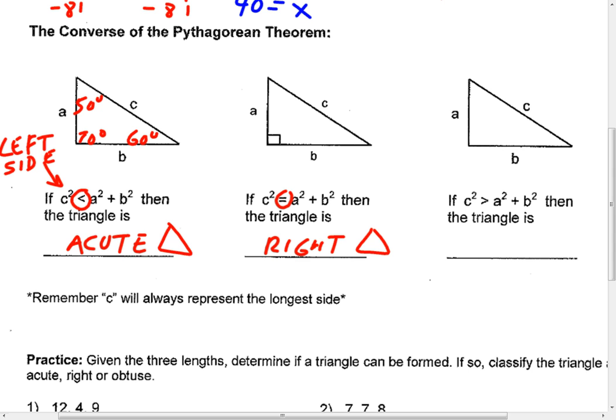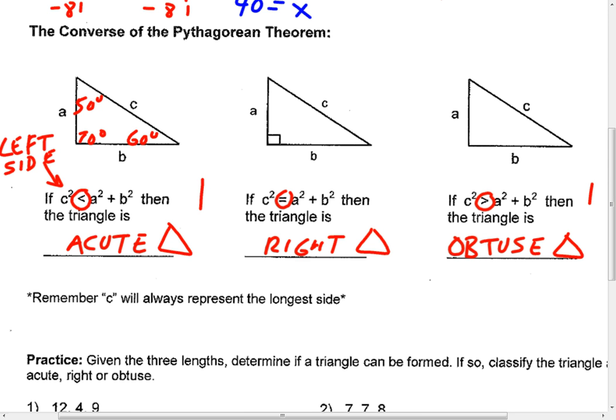So what would you guess a greater than means? Obtuse triangle. And once again, these rules only make sense if you're putting the c squared on the far left. If it's reversed, then it's opposite. You'd be looking at a greater than over here and a less than over on this side.